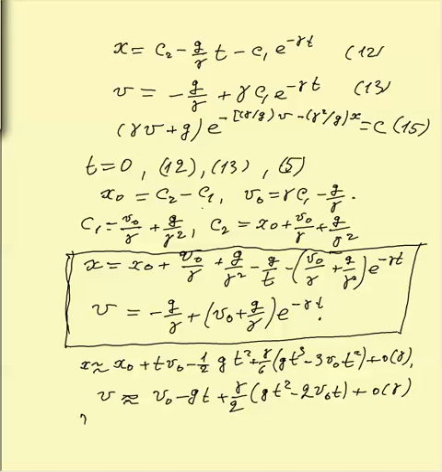When gamma tends to 0, these equations, let's denote them by 16, coincide with equation 6 for the free fall.